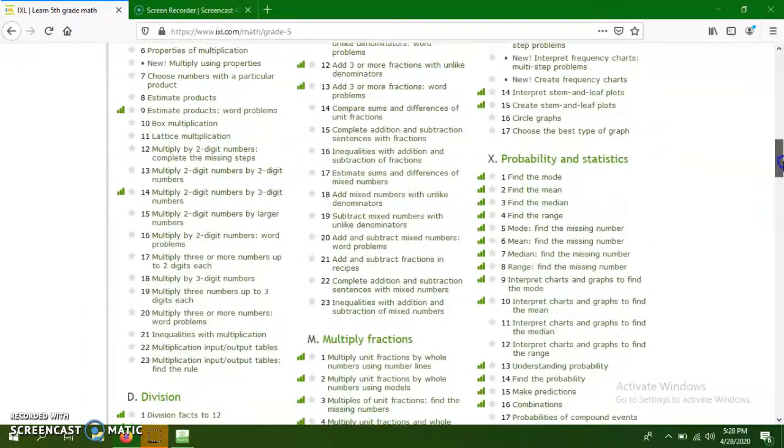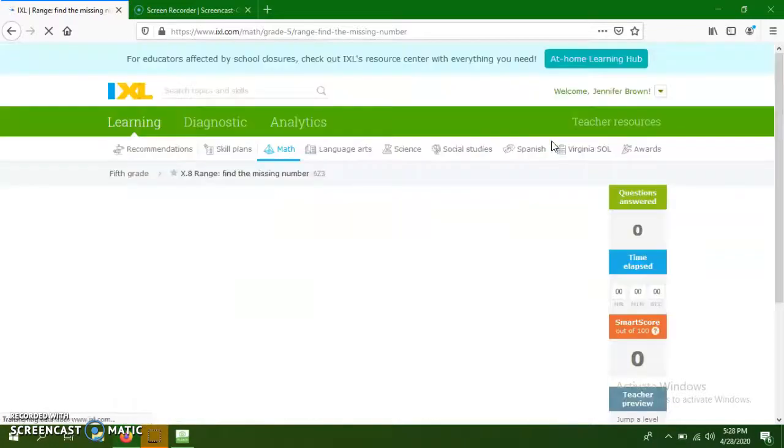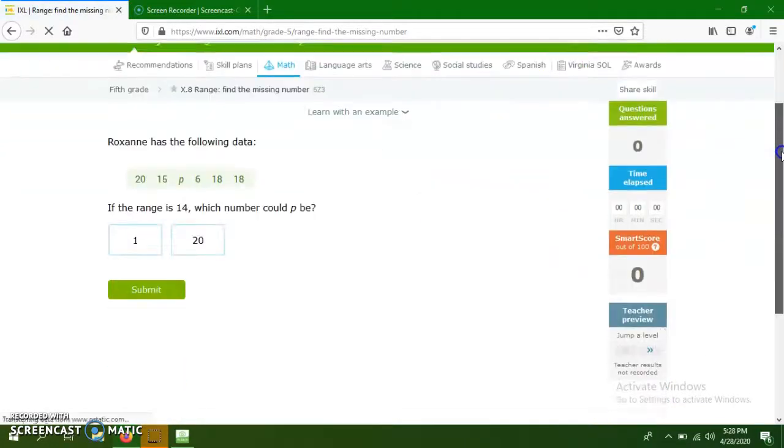And range is, of course, going to be how much our data spreads or varies. And so we're going to, of course, want the data in order least to greatest, or really just most importantly, if we're doing range, we really need the least number and the greatest number so that we can subtract.